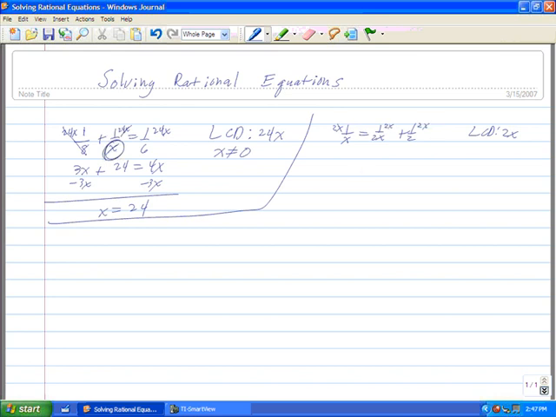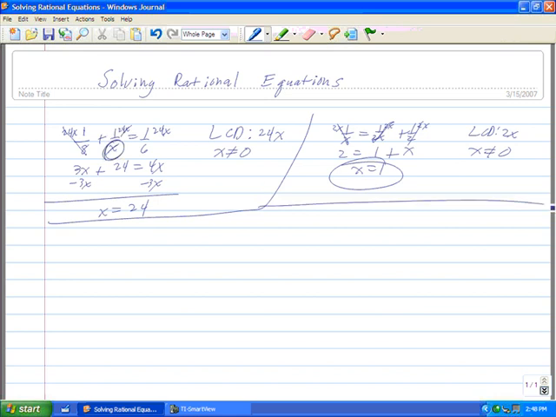In the first one, the x's cancel and we get a 2 equaling. In the next one, the entire 2x cancels and we've got a 1 plus, and the 2 cancels, leaving us an x. And that means x equals 1 when we subtract. And again, noticing that we had x's in the denominator, we knew from the beginning x couldn't be 0, so 1 should be an acceptable solution.